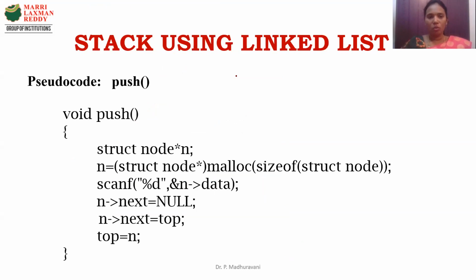Let's see the pseudocode for the push operation. Allocate memory for the node structure, read the data field and make the next part null. Now I need to store the address of the previous top into the next reference of n, and you should make this n the top node.